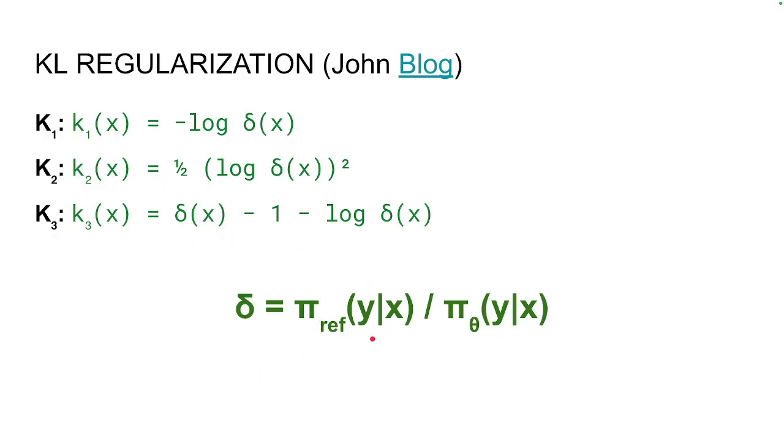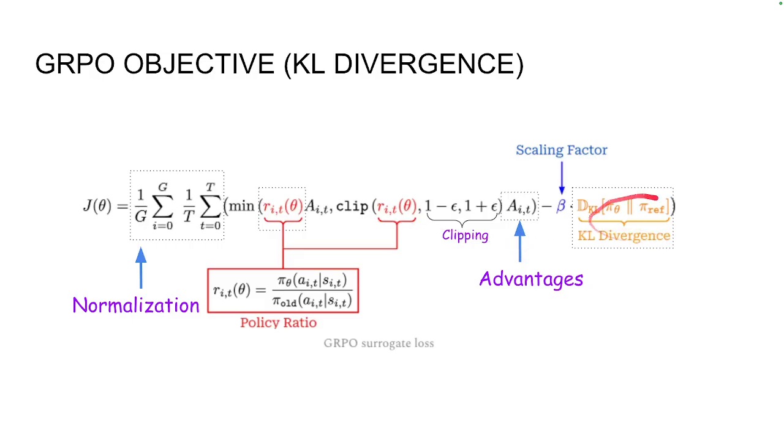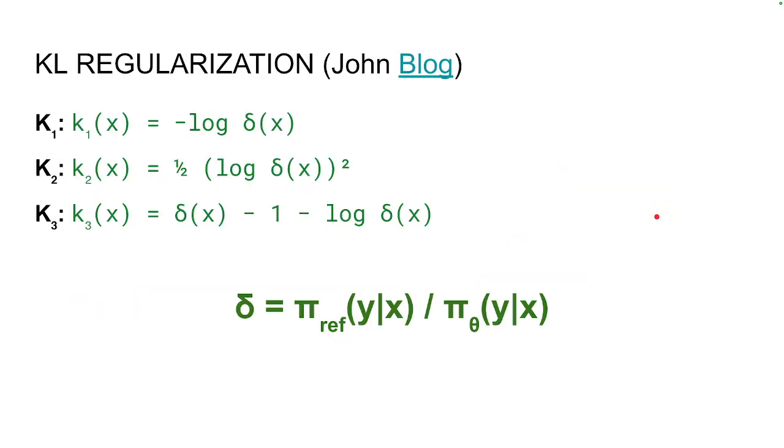And this delta is pi ref by pi theta, y given x. As per John Schulman's blog, this is the most unbiased estimator, and we need an unbiased estimator, so DeepSeek went with this estimator, K3, for their regularization with their reference policy.